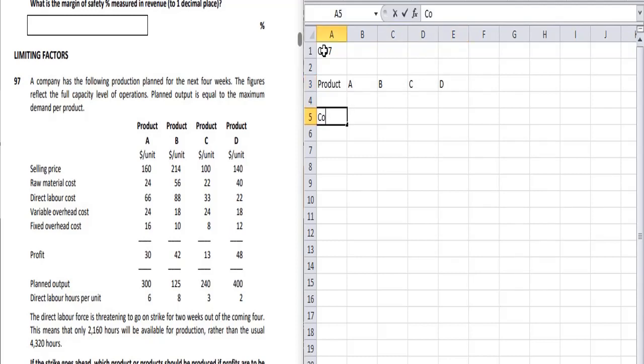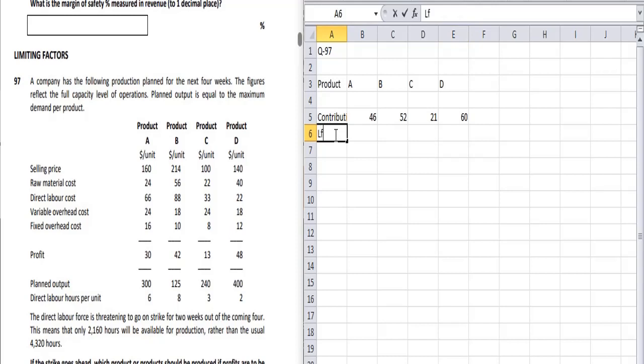The contribution of product A is 46, and similarly for B is 52, C is 13.8, and for D is 48 plus 2. Okay, so I have done this as a shortcut, or you can do it like selling price minus all the variable costs, and you will get the same value.